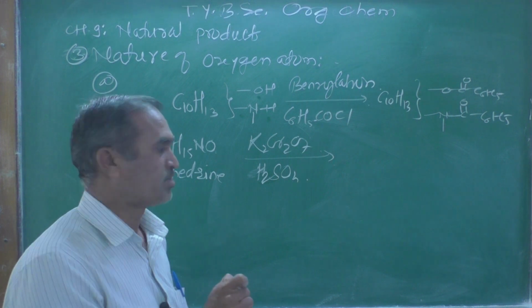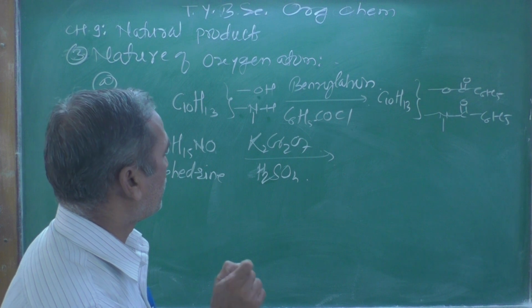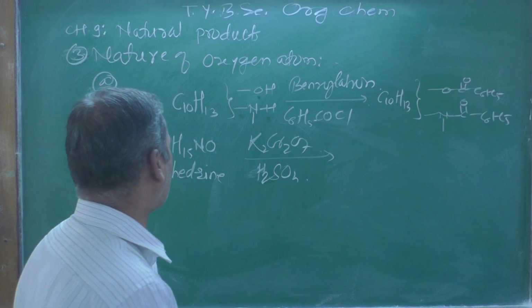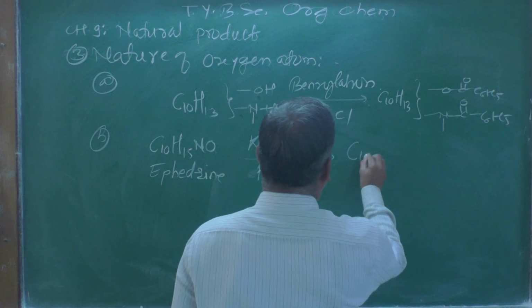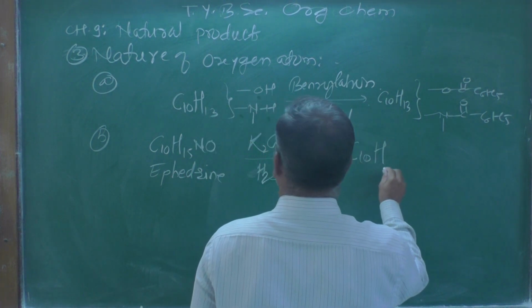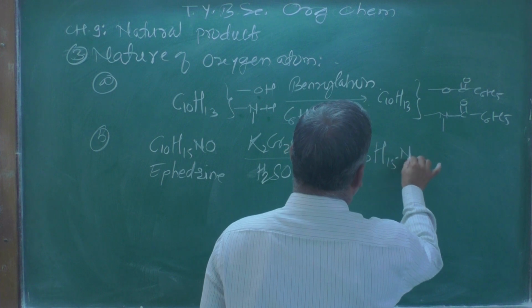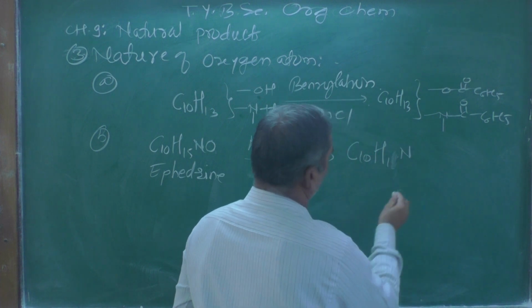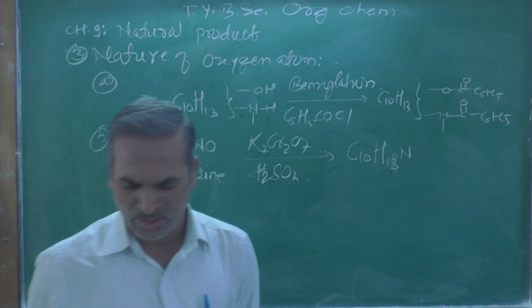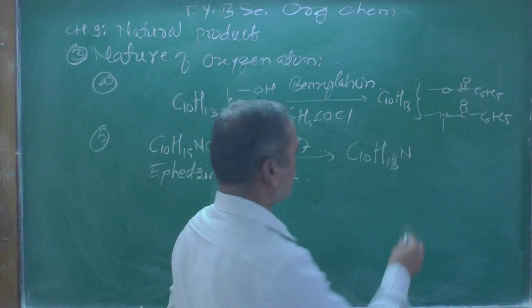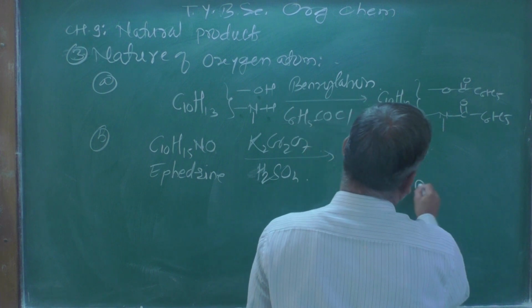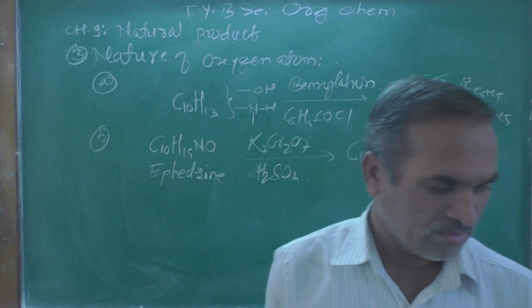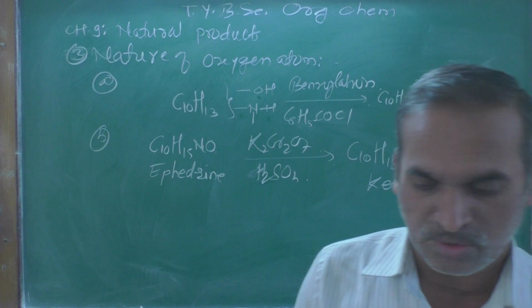It is an oxidizing reagent which oxidizes. So what do you get? C10H13NO, that is the compound we are getting, and that is in the form of a ketone, right?